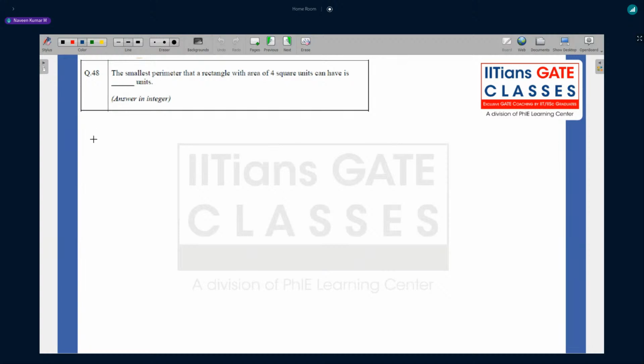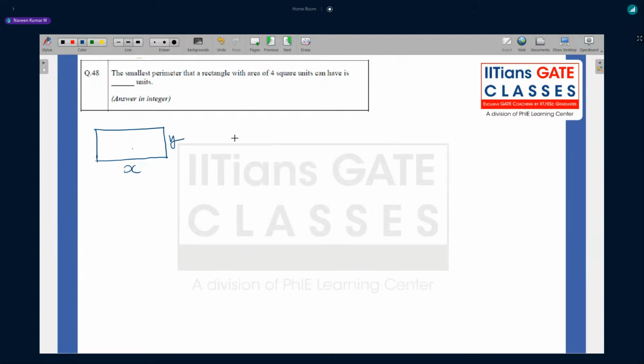So first, let us assume a rectangle. There is a rectangle like this. Let's assume the length is L. Okay, let's not take L. Let's take X and Y. That will be easy for us. X and Y, right?